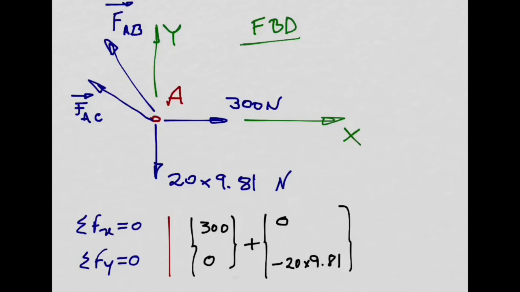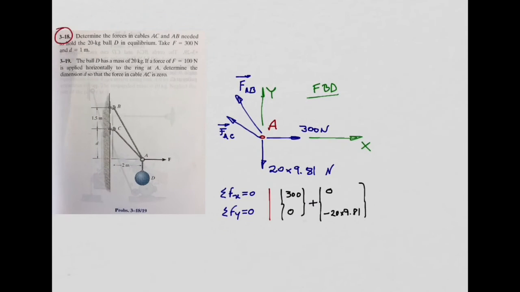Now we are going to work these other two forces, the forces in the cable, FAC and FAB. But before we do that, we need to decompose these forces into the coordinate axis. We need to do that first.